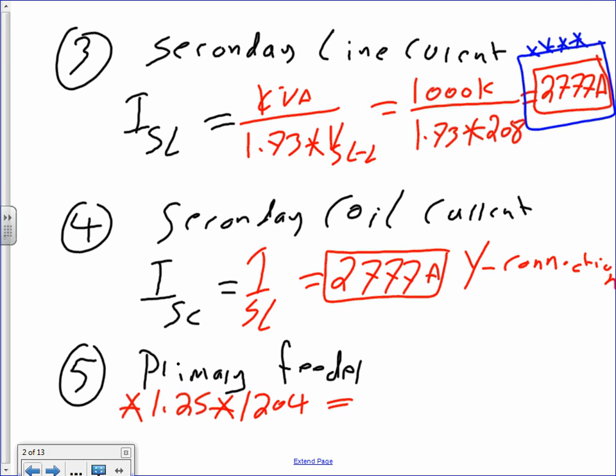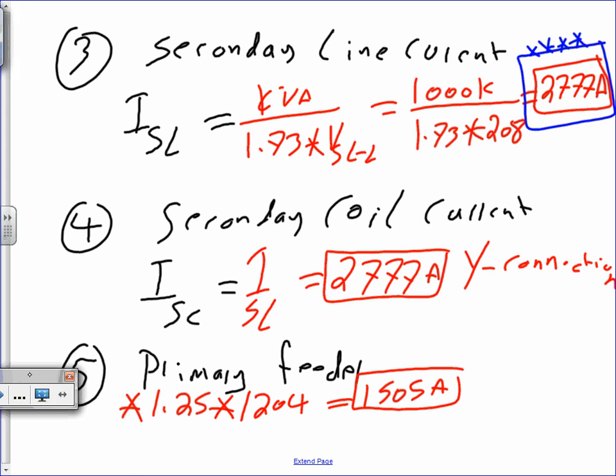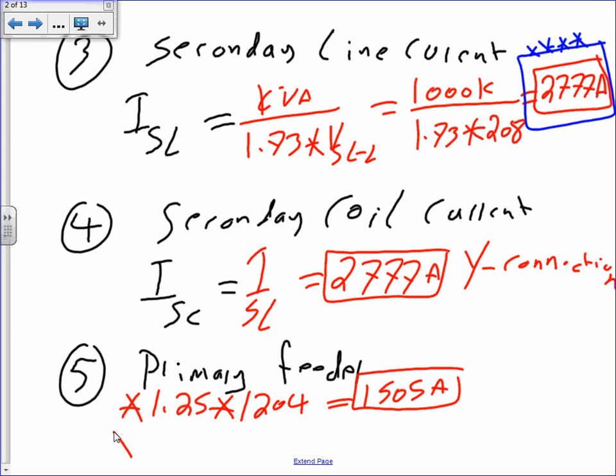1204, and that will give you a healthy or non-healthy number. So when you multiply that one, anybody did that? I came up with 1505. Thank you, 1505 amps. That's step one. Step two is to find the conductors, right?